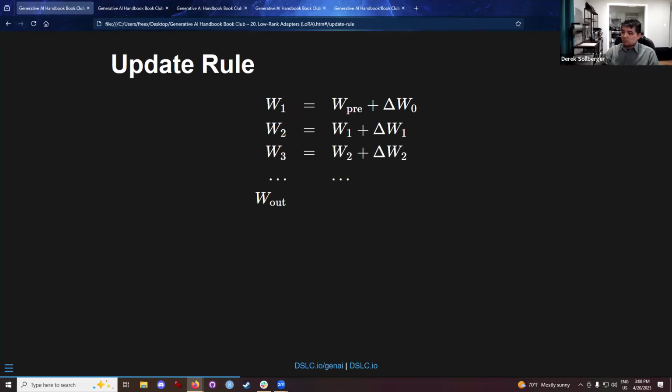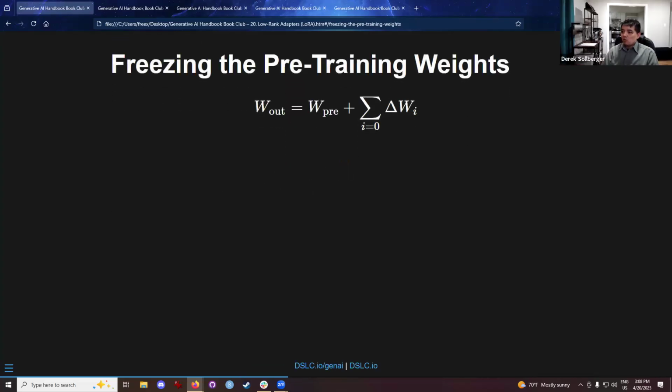But if this is all additive, why don't we just keep in mind what the weights from the pre-trained large language model are there in the middle? Simply treat all the updates, all the additions or changes of the weights there on the right, and the final product, the weights combined, will be them added together.